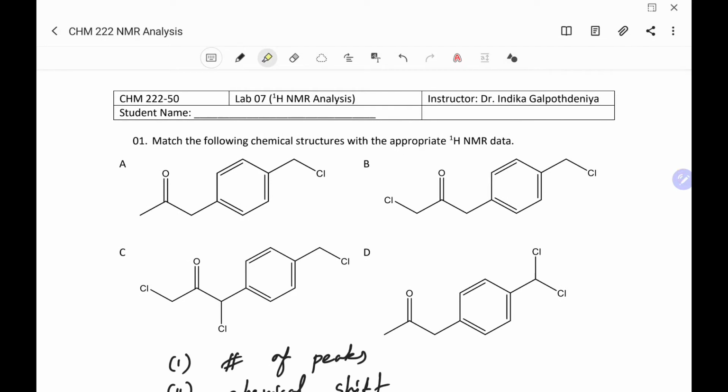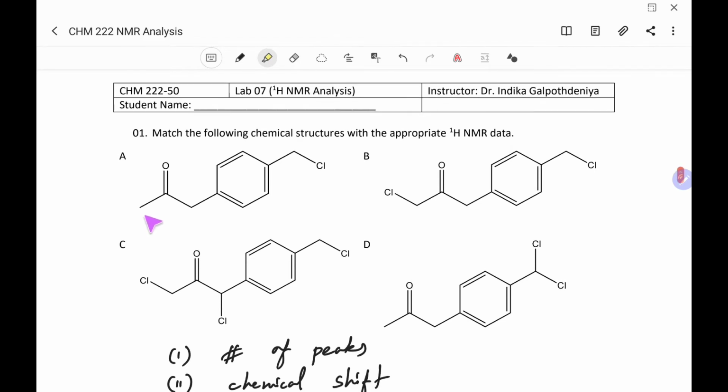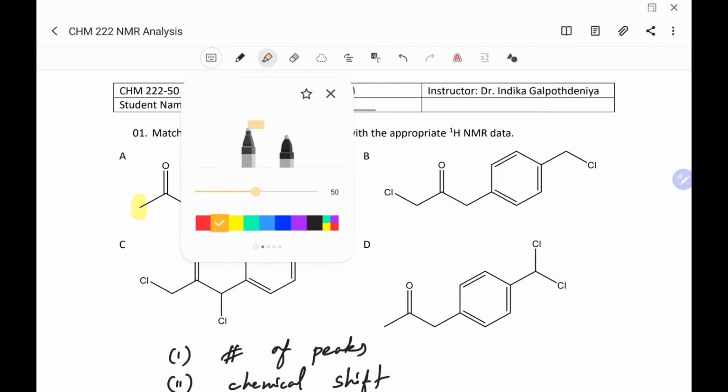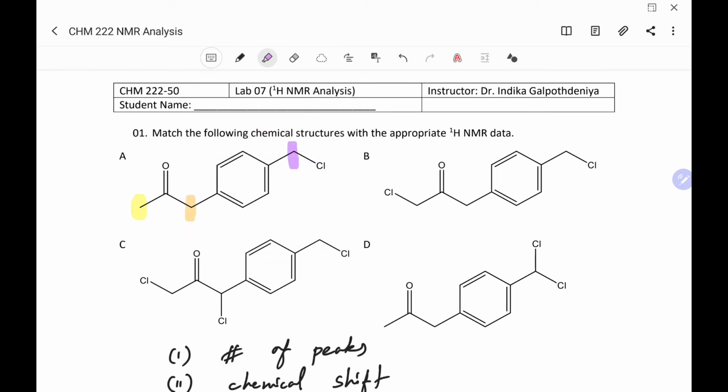In here, structure A has a CH3 group. These hydrogens are chemically different from the CH2 group next to it. And then you have another CH2 group right here.